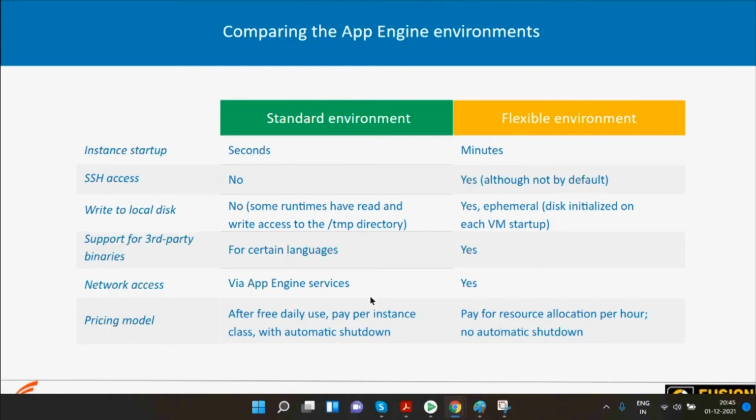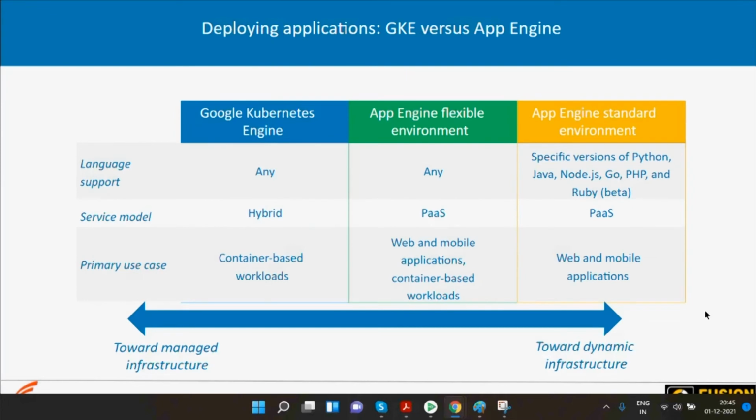So, deploying applications: GKE versus App Engine, because we mentioned App Engine uses Docker. If App Engine uses Docker containers, you may be wondering how App Engine compares with Kubernetes Engine. Here is a side-by-side comparison of App Engine with Kubernetes Engine. App Engine standard environment is for people who want the service to take maximum control of their application deployment and scaling.